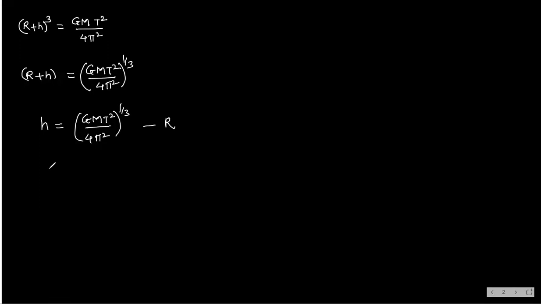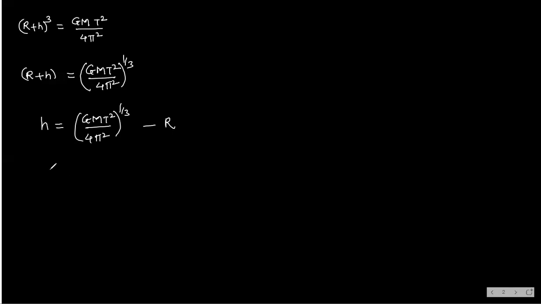How much is the time period? 1 year, 24 hours. After that, M is what? Mass of Earth is 6 into 10 to the power 24. And R is the radius of Earth, that is 6,400 kilometer. If you substitute all the values, you will get around 36,000 kilometer.